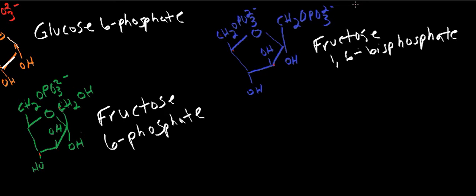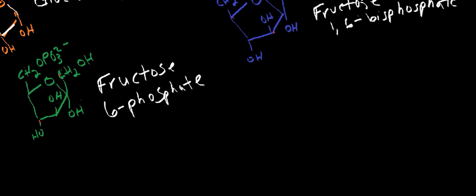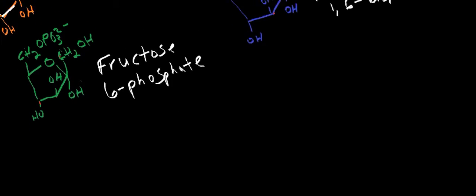Now we move on from fructose 1,6-bisphosphate to G3P, or glyceraldehyde 3-phosphate, and this is where the ring actually opens up, or the cyclic structure turns into a linear structure.